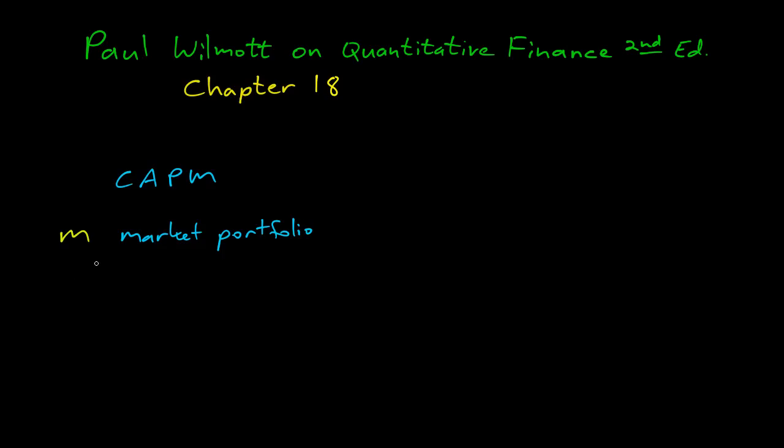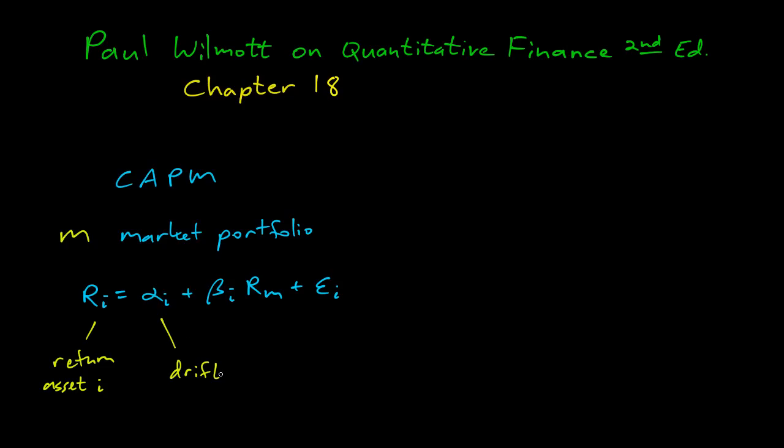Then every return on asset i will be alpha i plus beta i Rm plus epsilon i. This is the return on asset i. Alpha is the drift. This term here with the beta is called the systemic risk.